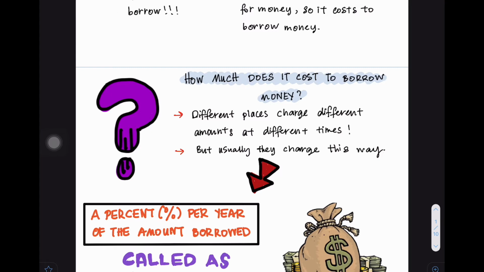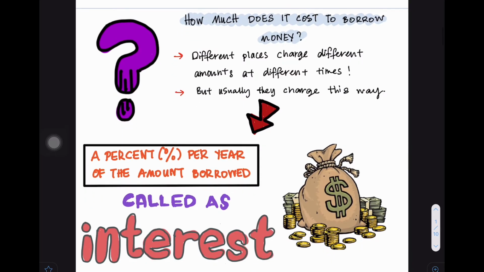Contohnya 10% daripada amount yang awak pinjam tu setahun. So that cost we call it interest. Bila kita nak pinjam duit, kita kena bayar a certain cost, so that cost kita panggil dia sebagai interest.